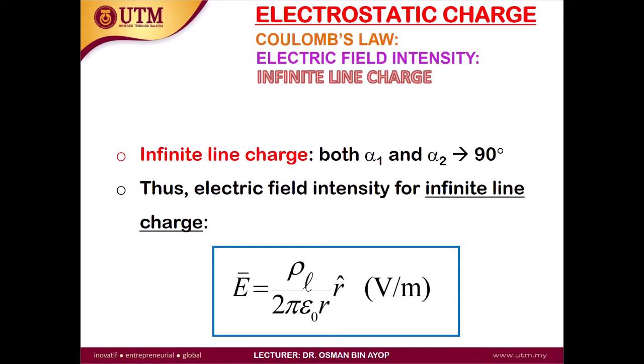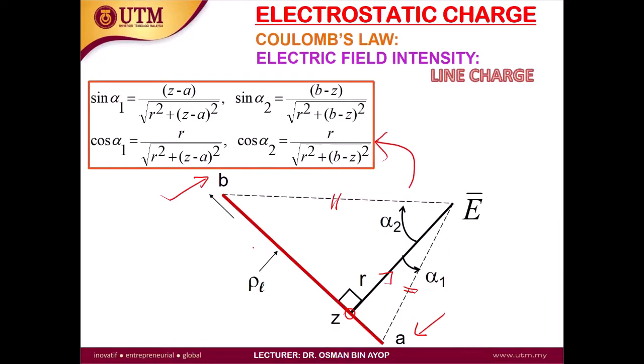Well, what happens if our line charge becomes very long? For example, we have a transmission line. When our line becomes very long, going back to this figure, when your line is extended from minus infinity to infinity, that means the length is much longer compared to this distance r between your transmission line and your point of interest.